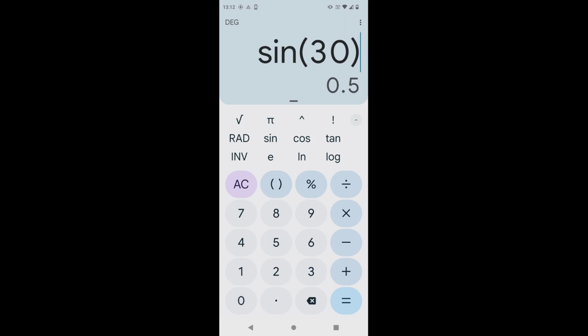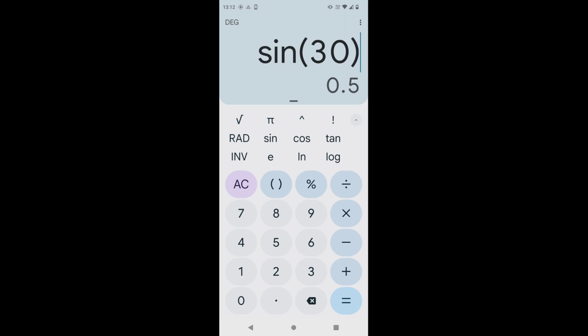This is exactly what I expected. In the top left corner, I see the three letters deg, which means it takes angles in degrees. You should check it because angles can also be written in units other than degrees.